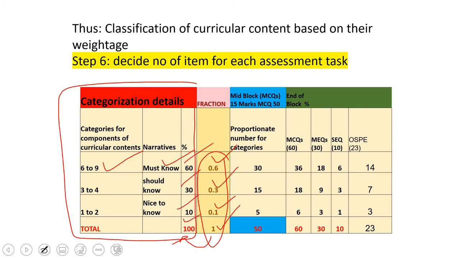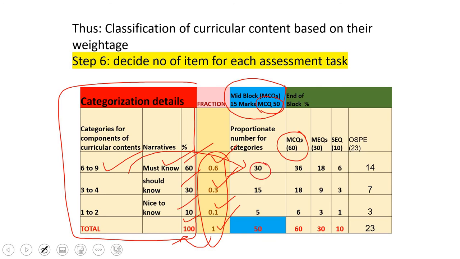So if I apply this to our cardiovascular course, which has 50 MCQs in the mid block and 60 MCQs in the end block, if you apply this formula, where the item value is must know, there will be 30 MCQs.